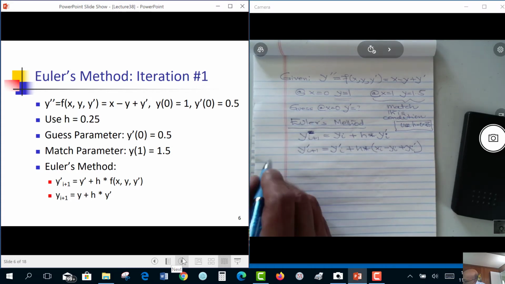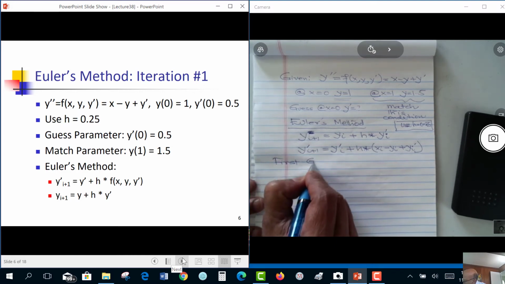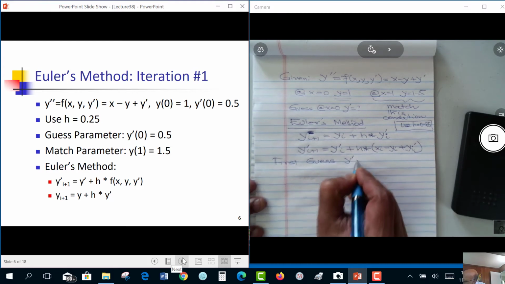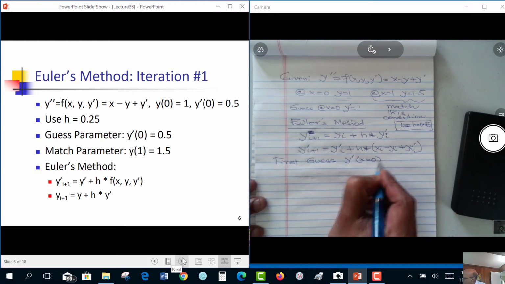Okay, so let's start with our first guess. Let's say y prime at x is equal to 0 is 0.5.